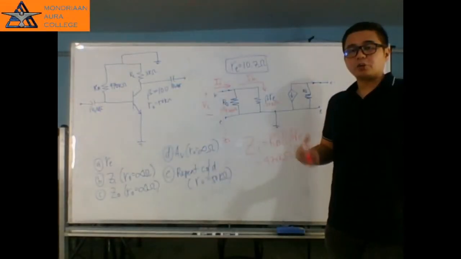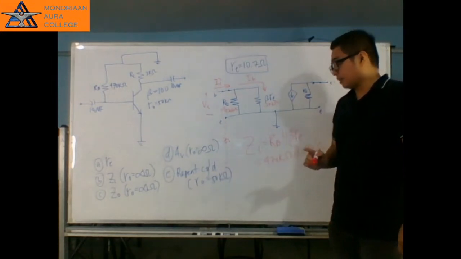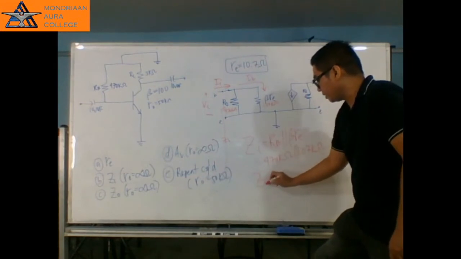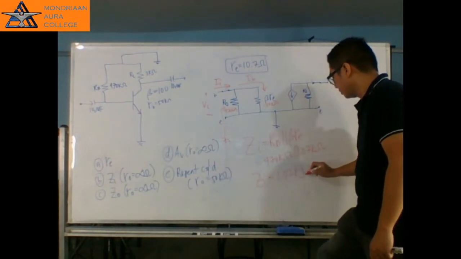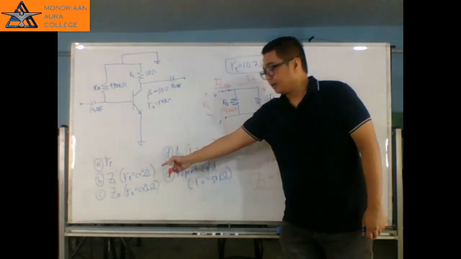Solving for the total impedance or resistance of 470 kilo ohm and 1.07 kilo ohms, the input impedance is equal to 1.07 kilo ohms. So that is the answer for letter B.